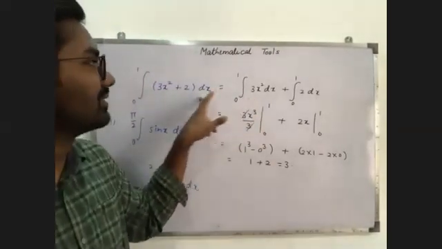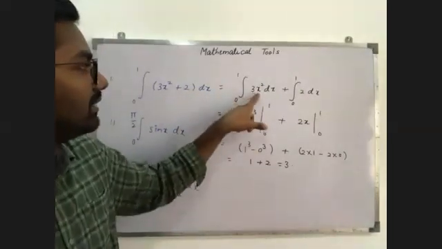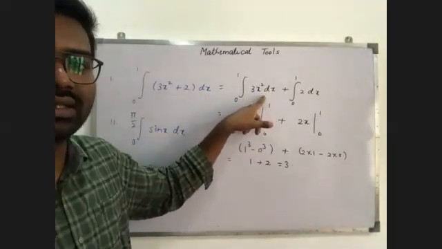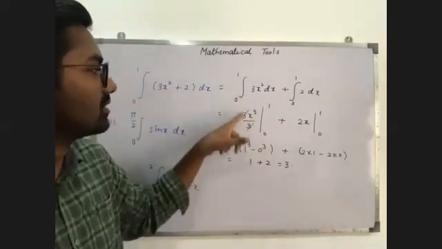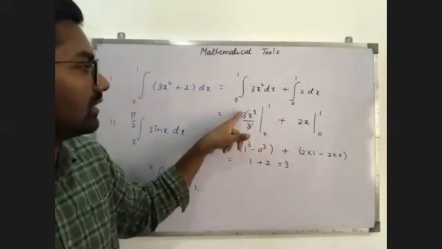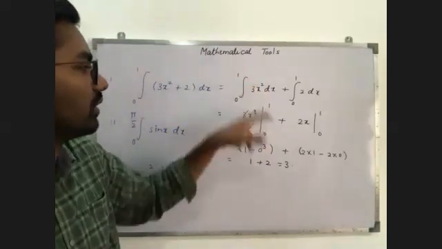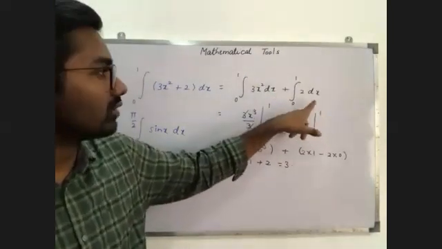What happens? I just split it by the sum rule, then integration of 3x squared dx. Integration of 3x squared dx is nothing but 3x cubed by 3. 3 is a constant. Integration of x square is x cubed by 3. So 3 got cancelled out. Limit 0 to 1, so I have to write it like this. Plus 2 is a constant, so 2 is outside.